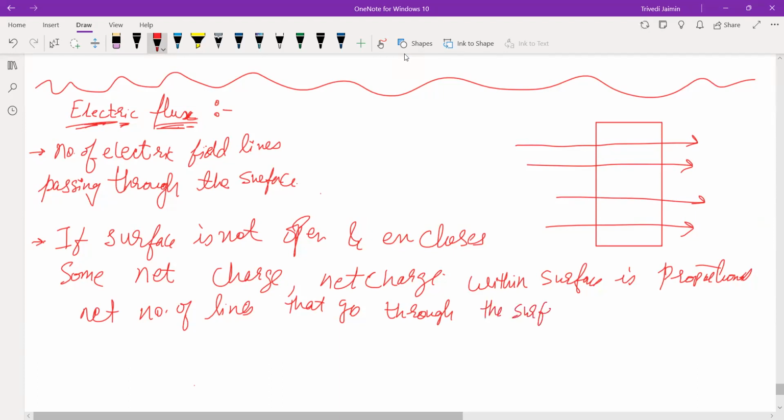So with this we can say electric flux is denoted by phi. Phi equals E.